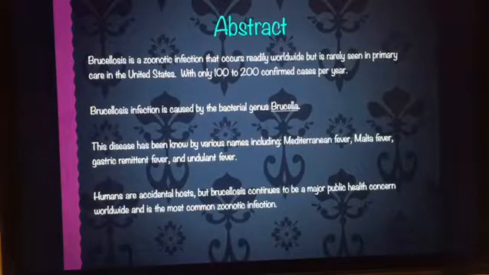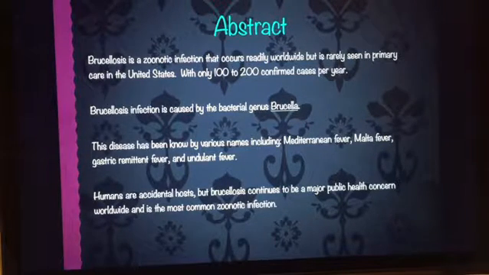Our first abstract here is: brucellosis is a zoonotic infection that occurs readily worldwide, but it's rarely seen in primary care in the United States, with only 100 to 200 confirmed cases per year. Brucellosis infection is caused by the bacterial genus Brucella.